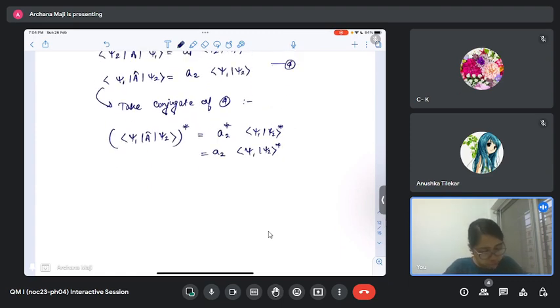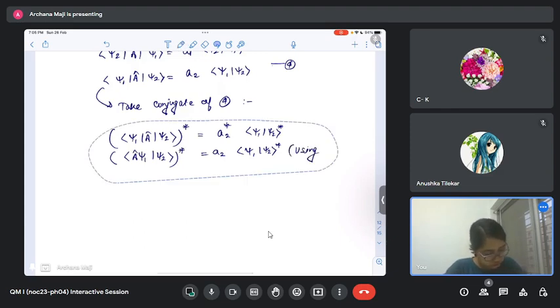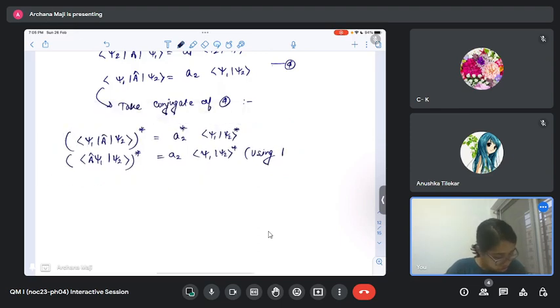Okay. Now since A is Hermitian, so this we can write as A cap psi 1, psi 2, using hermiticity of A. Then when we take conjugate, alpha beta becomes beta alpha, so this is psi 2 A psi 1. Okay.